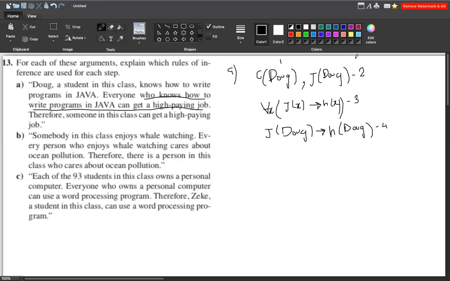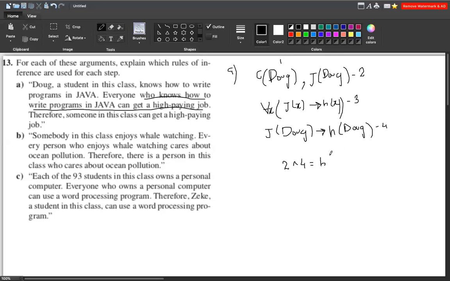So if we use modus ponens on number 2 and 4, if we have 2 and we have number 4, then what we get is H of Doug.